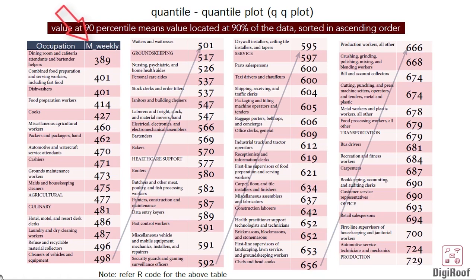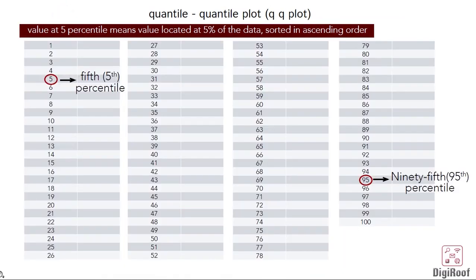In the same manner, the value at 5 percentile can be located by finding that number whose position corresponds to 5% of the data in the ascending list of numbers. Let's go through a simple example to understand percentile. Let's say there are 100 elements in a numeric variable, and we arrange these 100 elements in ascending order.